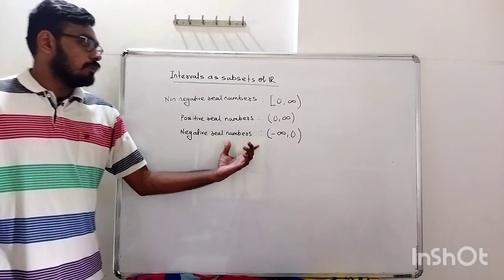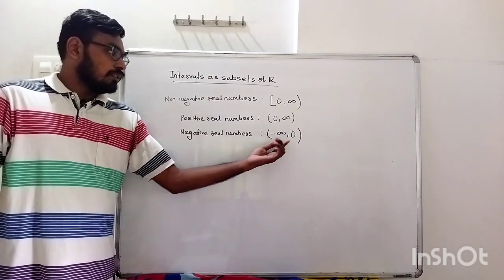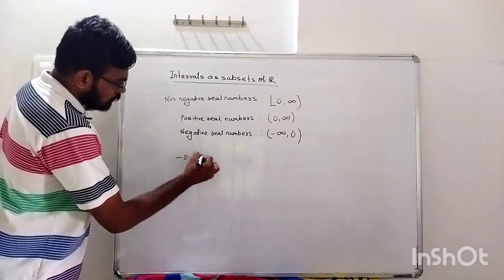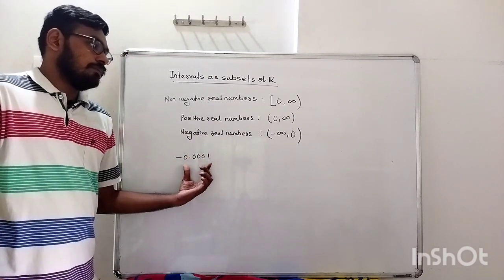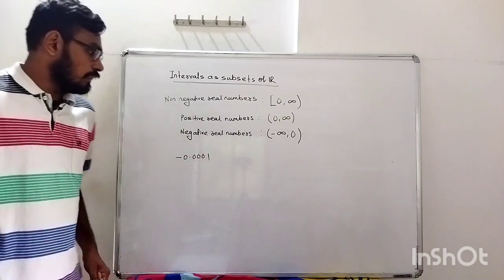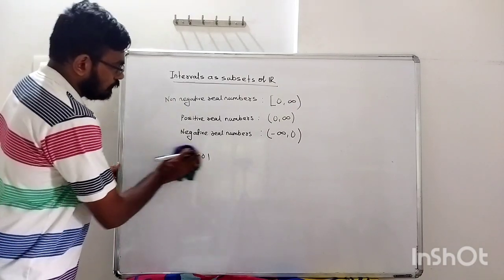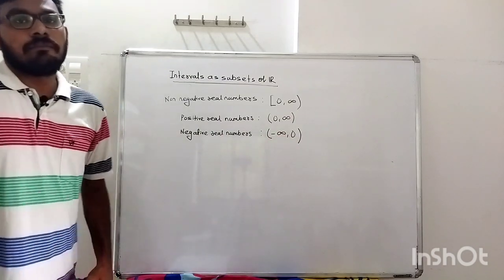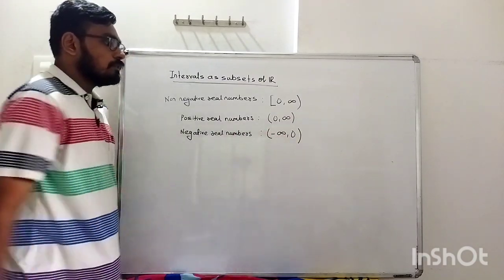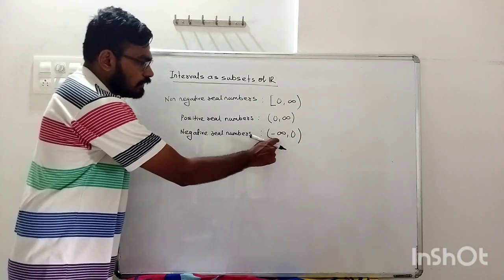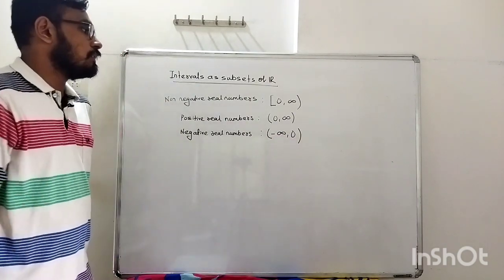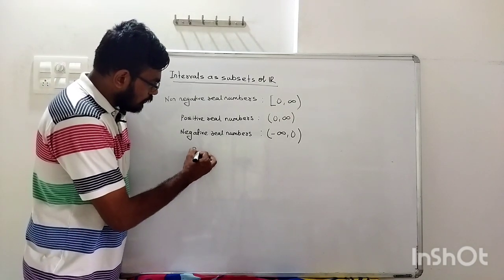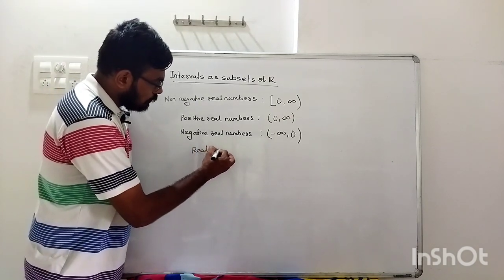Since you asked for negative, and 0 is not negative, minus 0.0001 is also negative, but 0 is not negative. That's why whenever you ask for negative real numbers, you have to write it like this, from minus infinity to 0. This means all the numbers between minus infinity and 0. And this means all the numbers between 0 and infinity, okay? And if we are asked for the set of all real numbers, what do we do?